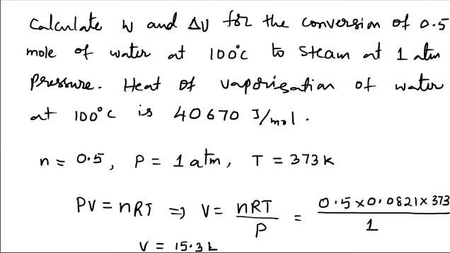But what is the volume change here? The volume change is actually the volume of the steam minus volume of the liquid. So the liquid volume of 0.5 moles, basically 9 grams of the water, is almost negligible. So therefore the volume change here is basically the volume of the steam.